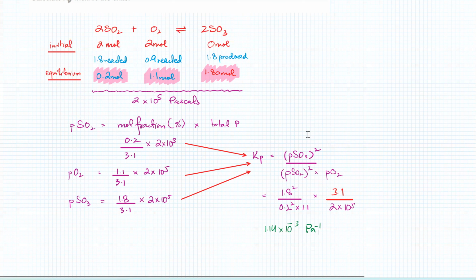Because it's 2 times 10 power 5 squared at the bottom, and then there's 2 times 10 power 5 with O2 as well. So that 2 times 10 power 5 would get cancelled out. You'll be just left with 2 times 10 power 5, right? So I just simplified it, and hopefully you should get the same answer. I can check the answer. Which page was this on?